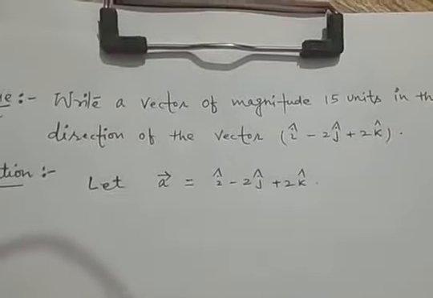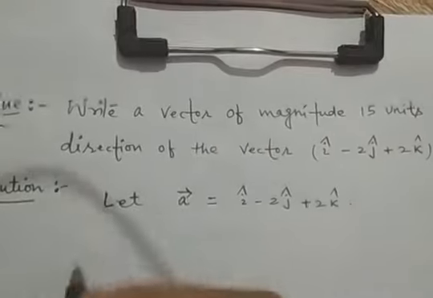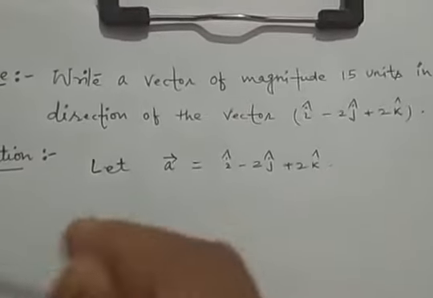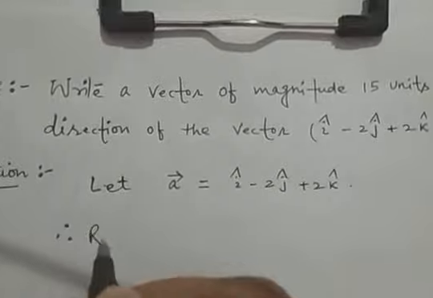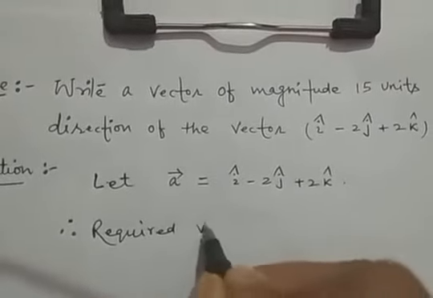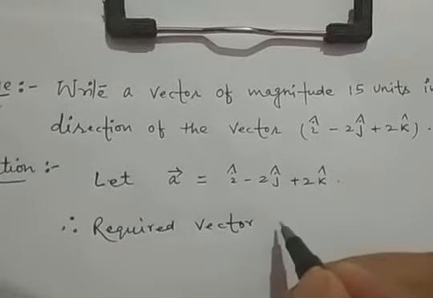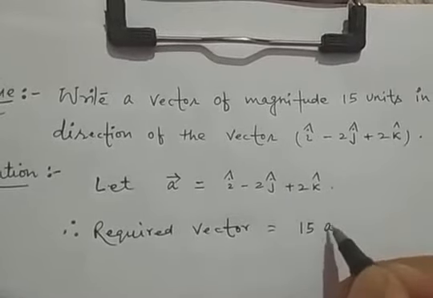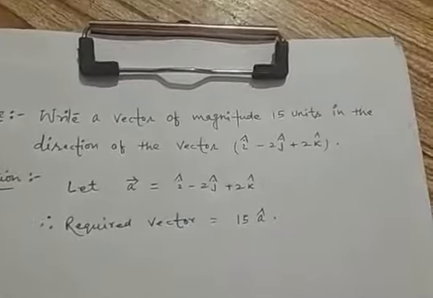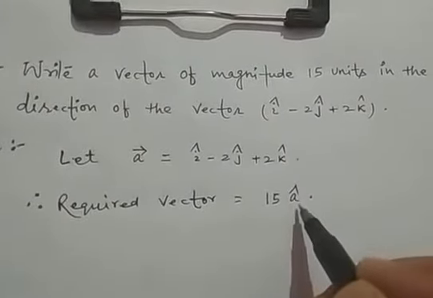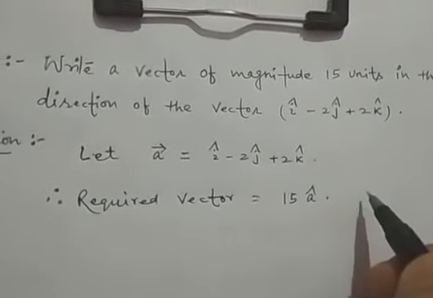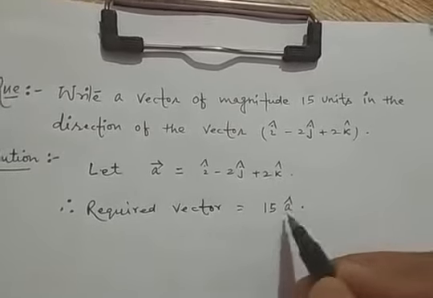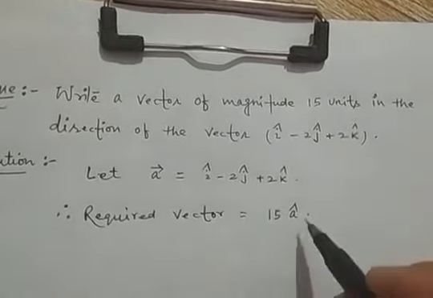Okay students, so our required vector will be, therefore, required vector equal to 15 into unit vector A. Because the magnitude of this unit vector A is 1, we can easily convert it to magnitude 15 units.